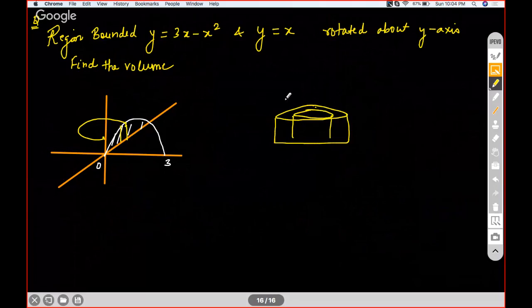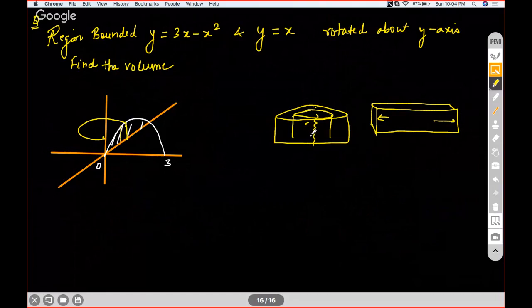If you cut this and open it up, how would it look? It would look like a slab like this, correct? Because this is what you rotated and created a disc like this. What will be the length of this? The circumference.